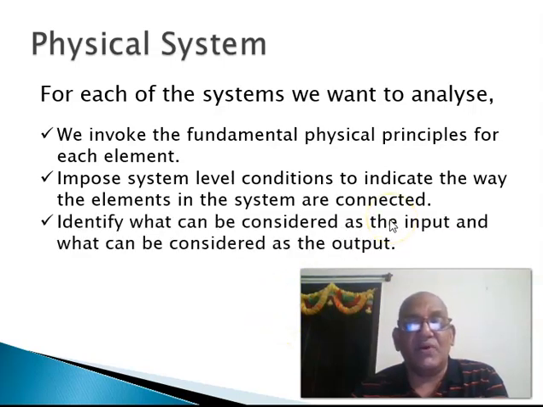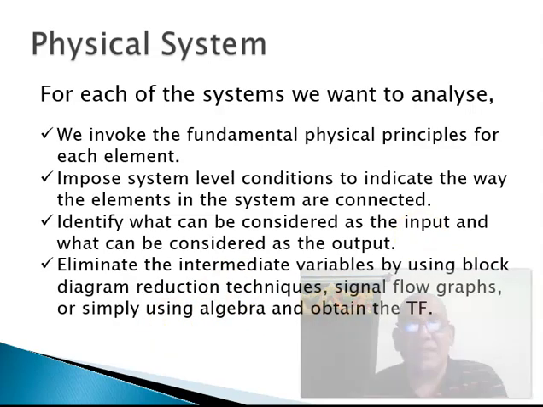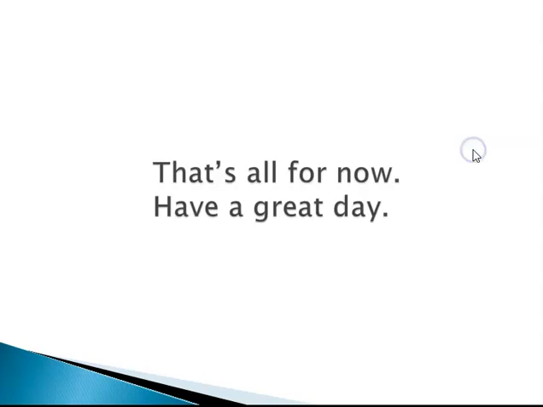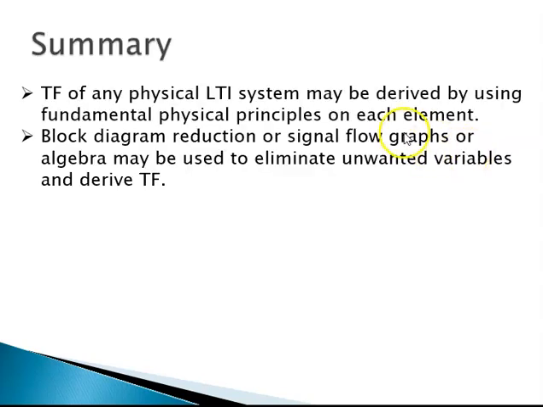And then identify what we consider as input and what is considered as output, because ultimately the ratio of Laplace transform of output to that of input is the transfer function. And then eliminate the unwanted variables. You get the TF.